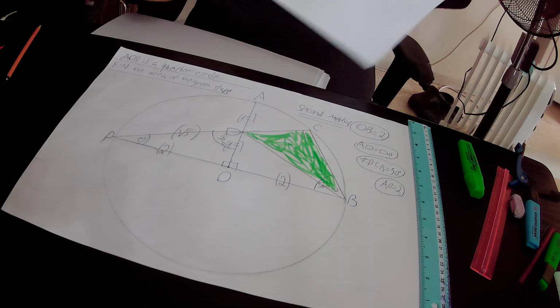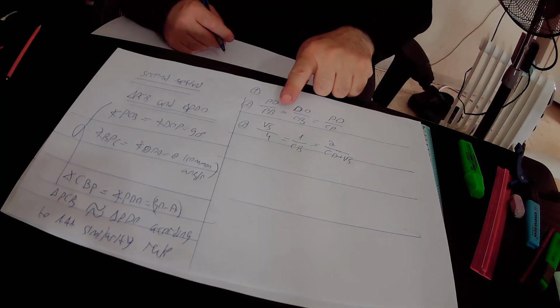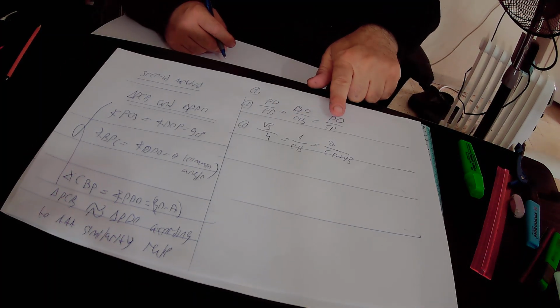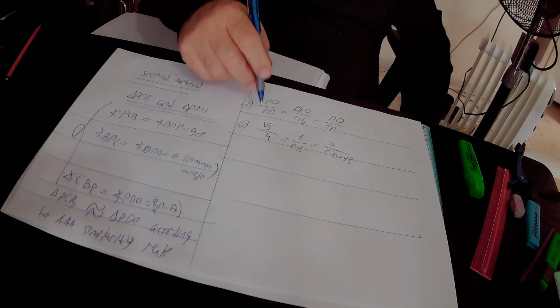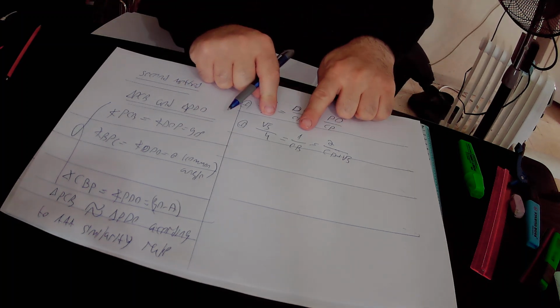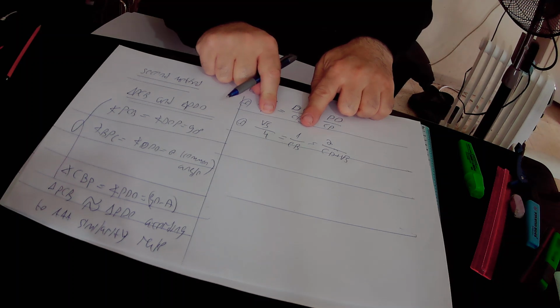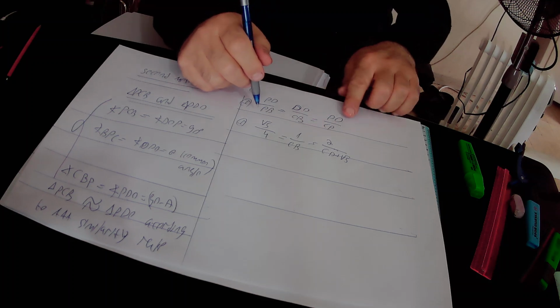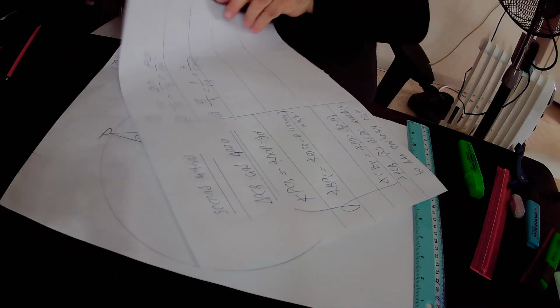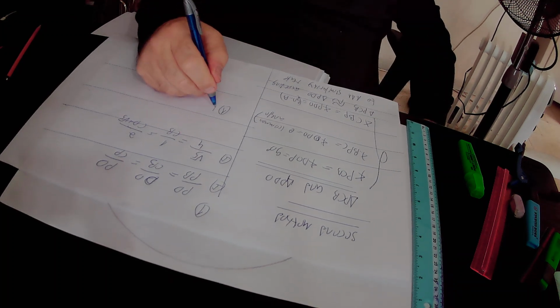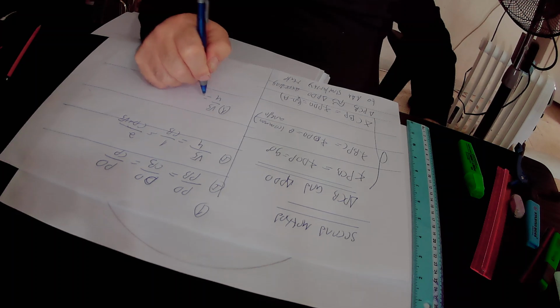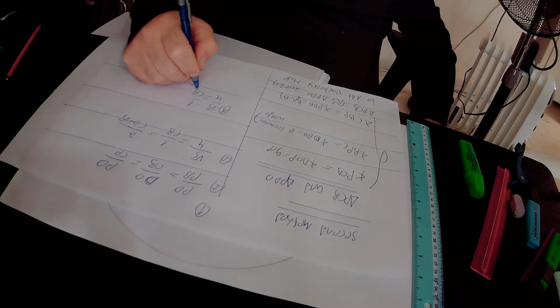So in conclusion, according to equation 1, we found out that square root of 5 over 4 equals 1 over CB equals 2 over CD plus square root of 5. Those expressions are equal to each other, therefore we create equation 1 from these two expressions. So according to equation 1, square root of 5 over 4 equals 1 over CB.